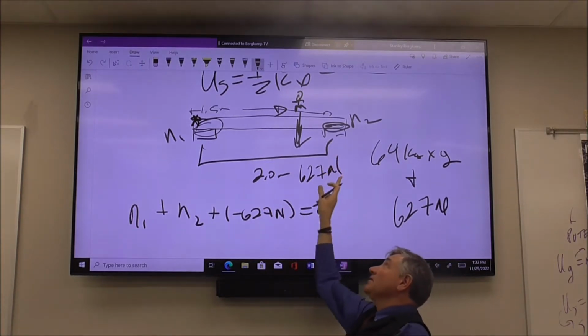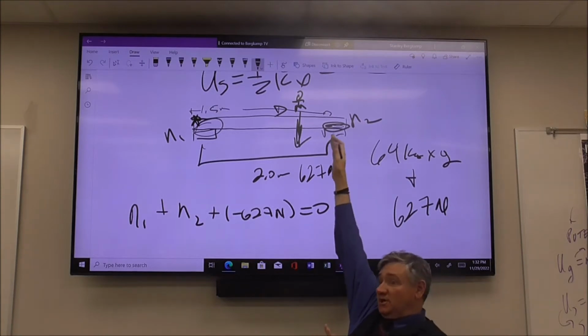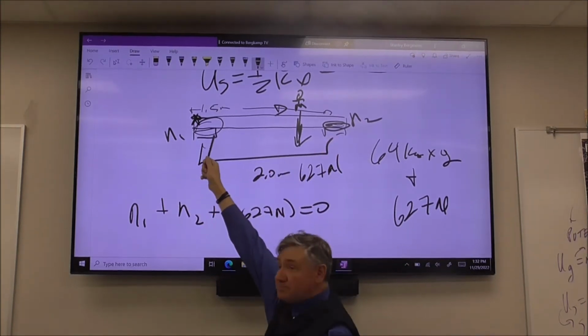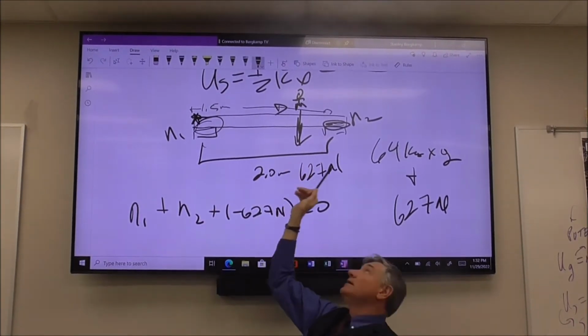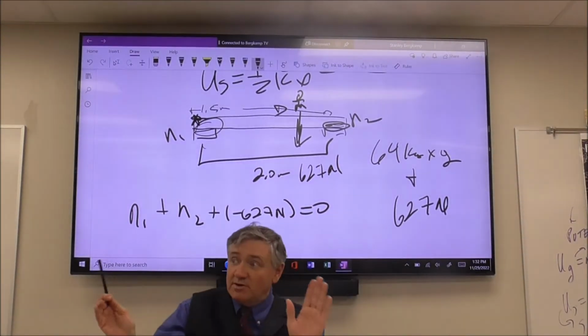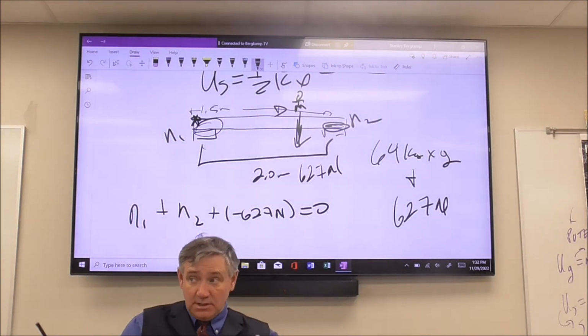This one out here is pushing it up. This one is pushing it down, if you consider it trying to pivot around this one. So this one's dragging it down, that one's pushing it up. So what do you think has to be true with those two values? They have to be equal, okay?